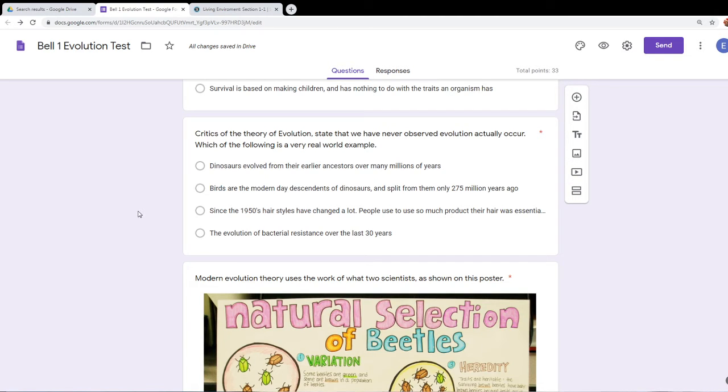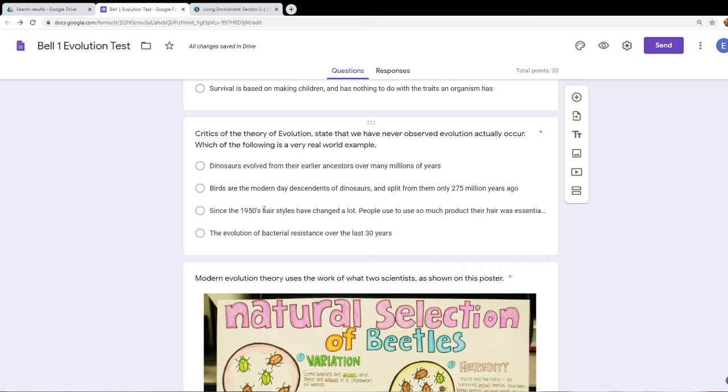All right, next. Critics of the theory of evolution state that we have never observed evolution actually occur. Which of the following is a very real world example of evolution occurring? Something that we have seen ourselves. So is it that dinosaurs evolved from their earlier ancestors over many millions of years? That birds are the modern day descendants of dinosaurs and split from them only 275 million years ago?